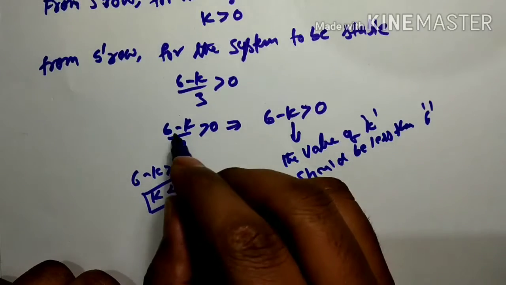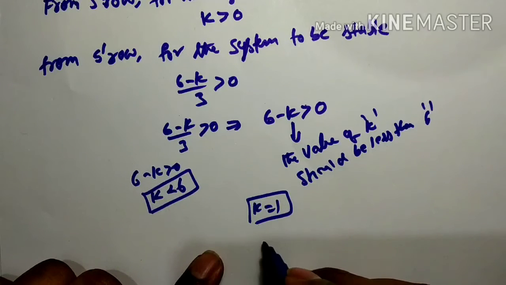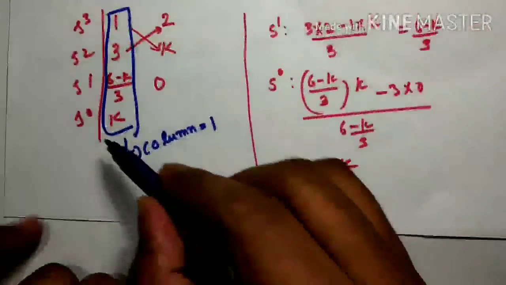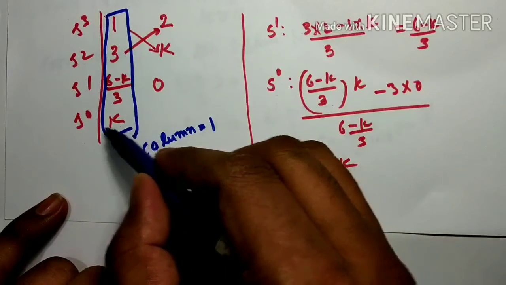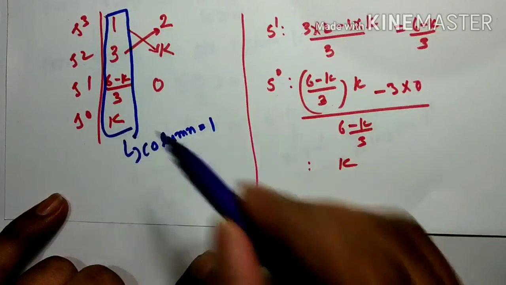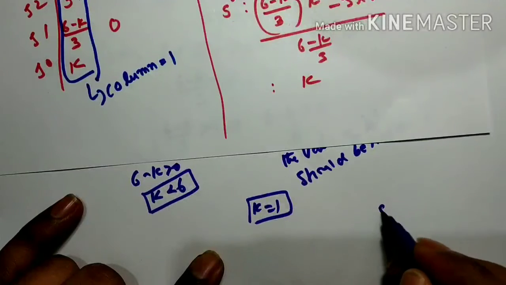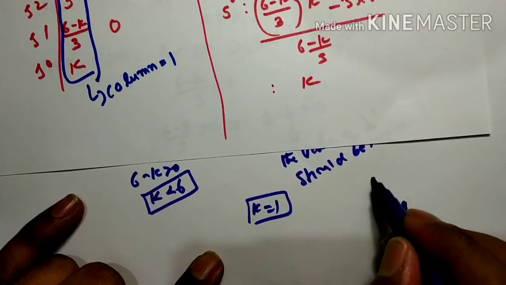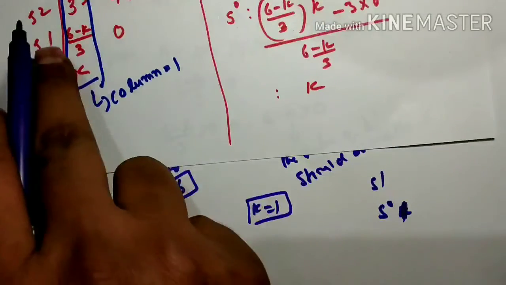The s power 0 coefficient is k, so we substitute k equal to 1. The s power 1 coefficient is (6 minus k) by 3.